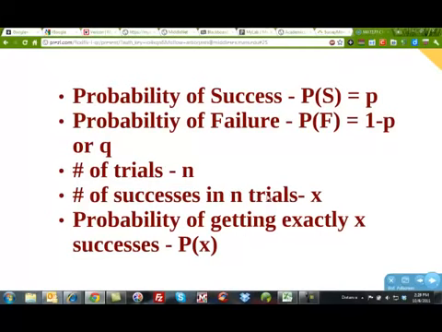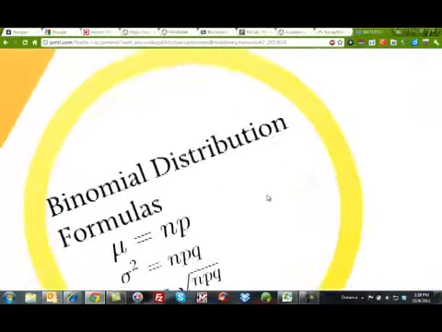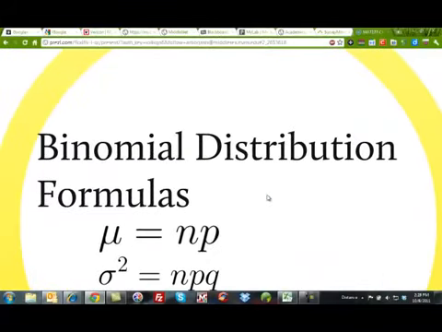So the probability of getting exactly X number of successes is P of X. Sometimes we want to see at least that many, sometimes less than that many, sometimes more than that many, but the probability of getting 3 successes out of 5 is that number. And so those are the things you're going to see written down. And I'll show you some of those as we go along.